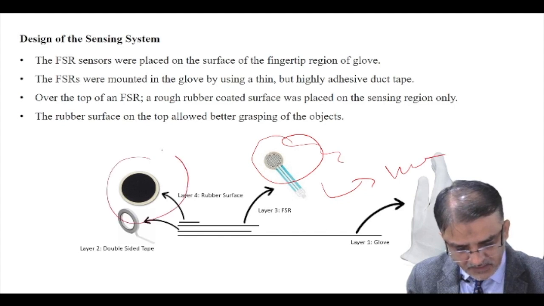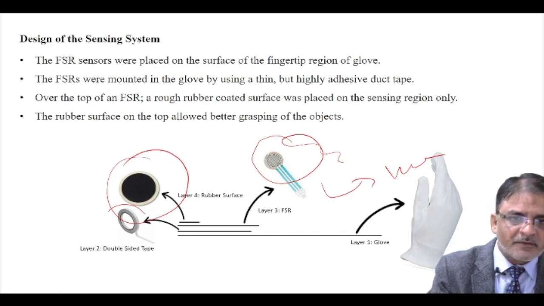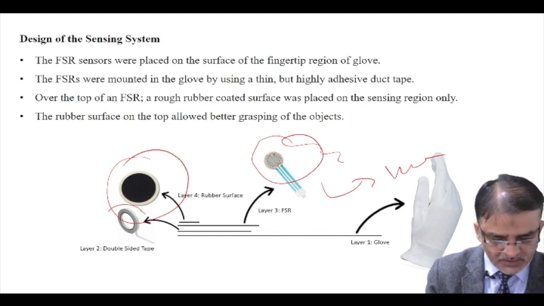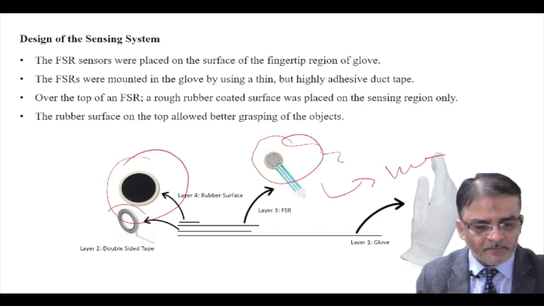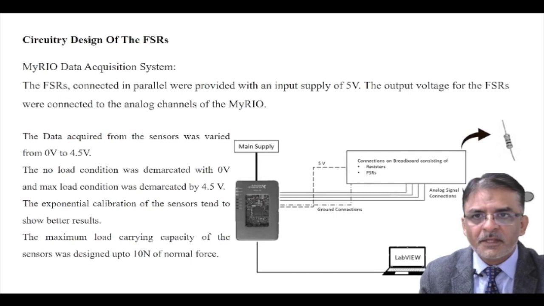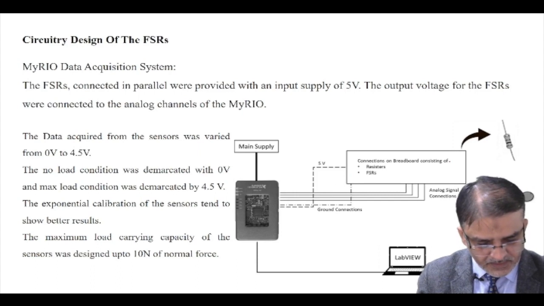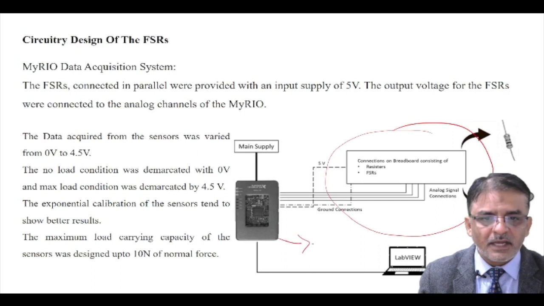Rubber surfaces were placed over them so that there is no hindrance from other surfaces, and we could get better pressure results. So the rubber surface was used as a point to get the proper area where the pressure has to be recorded from. This is a circuit diagram of the study, where the whole system is connected to the computer using the NI MyRio data card.